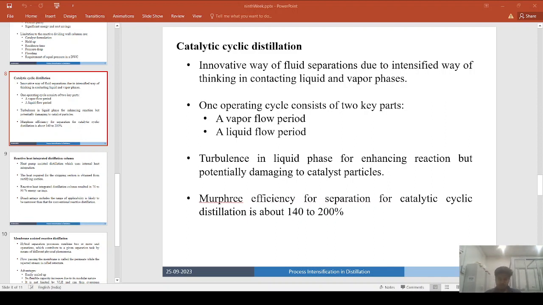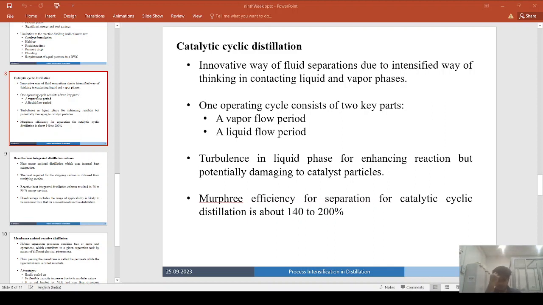If you may ask, what are the advantages of HIDIC? The heat required for the evaporation in the stripping section is obtained from the rectifying section, thus reducing the heat duty of the reboiler.